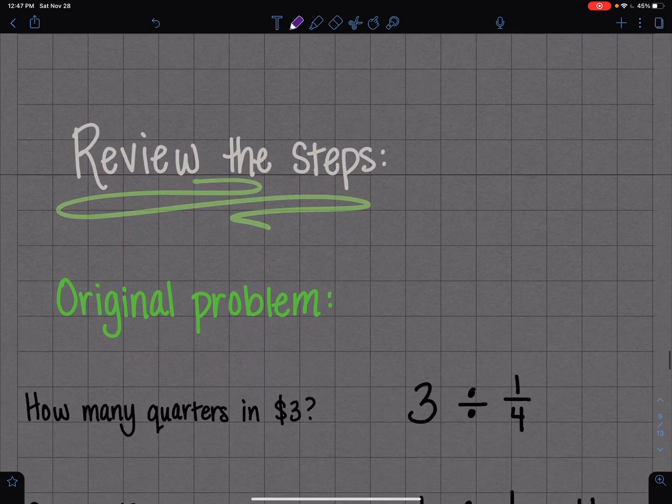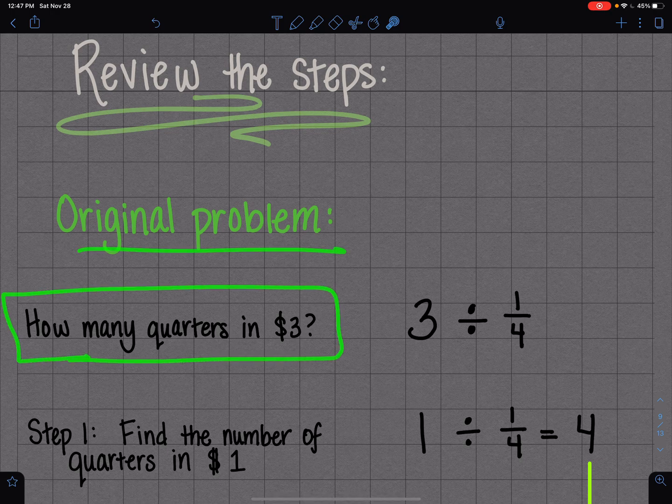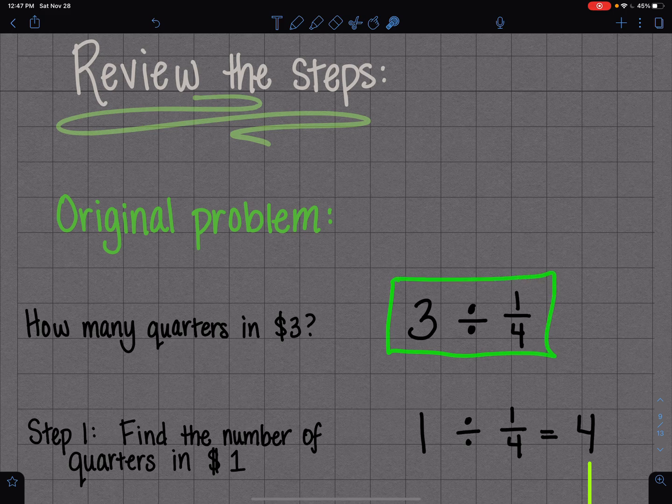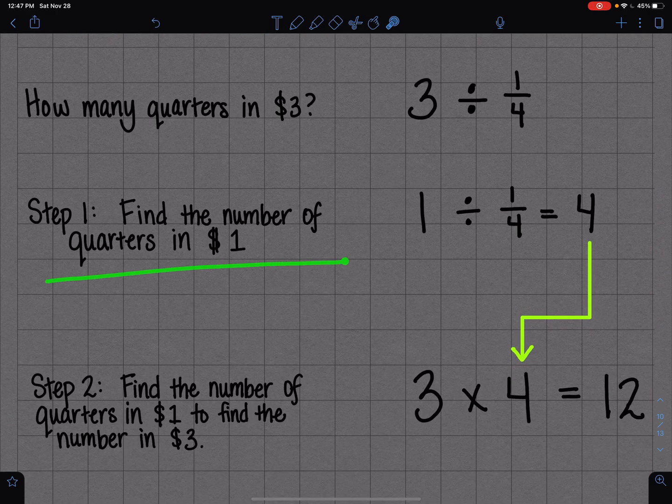So, do you see what we did there? Let's review the steps. You've got the original problem, and the original problem says, how many quarters are in $3? So, to figure that out, you're going to say 3 divided by 1/4. But we haven't figured out how to do those yet. So, we're going to divide this question into steps. The first step is find out how many quarters go in $1.